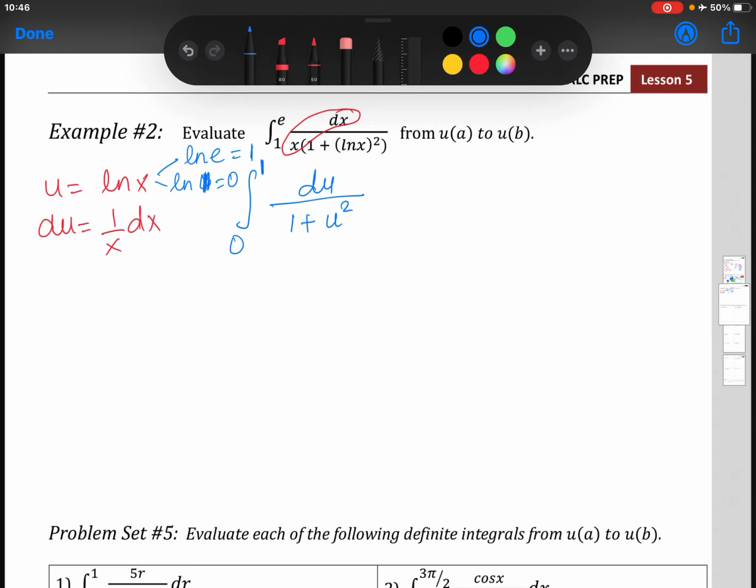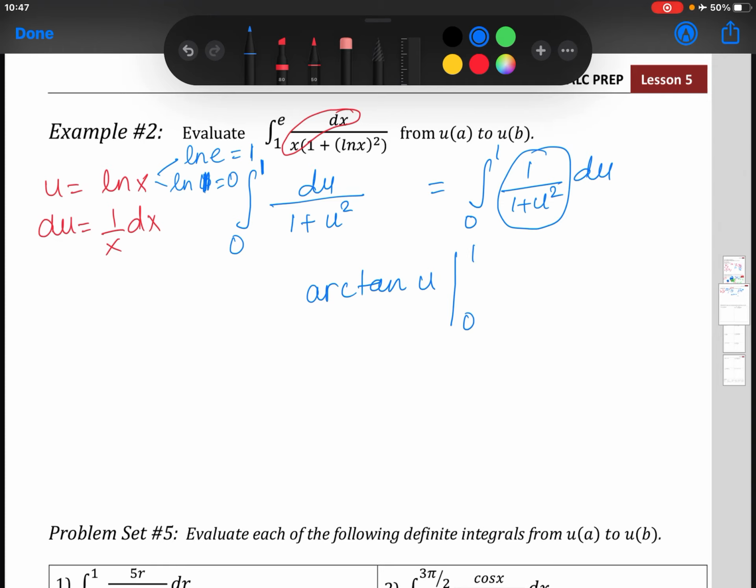So if I rewrite it, because some people like to see it, 1 over 1 plus u squared du. Whose derivative gives me 1 over 1 plus u squared? It is indeed arctan. So we can write it as arctangent of u, and we're bounding it from 0 to 1.